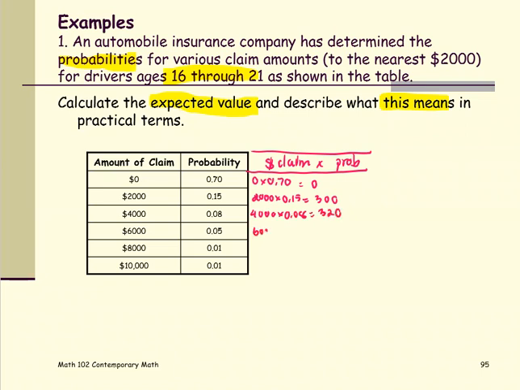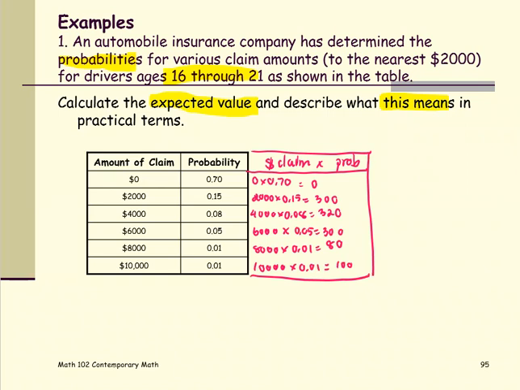The next one is 6,000 multiplied by its probability, which is 0.05, or 300. 8,000 multiplied by 0.01 to get 80. The last one is 10,000 multiplied by 0.01, or the result is 100.